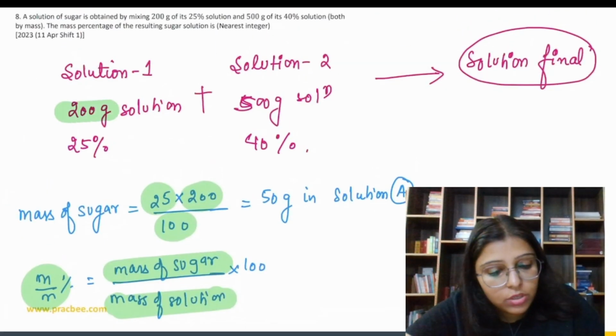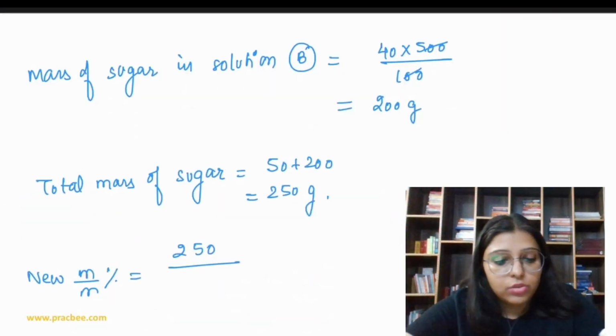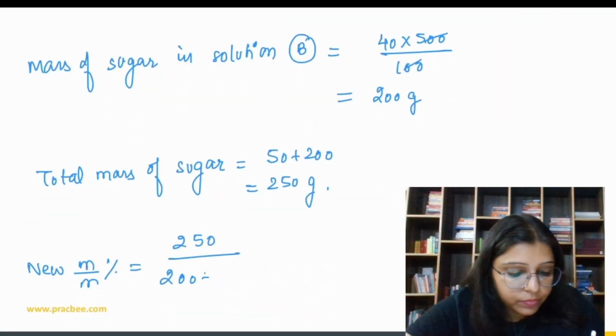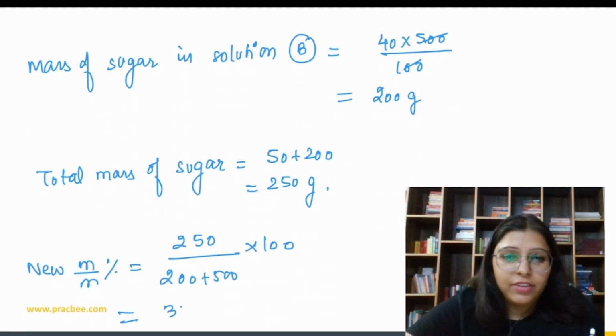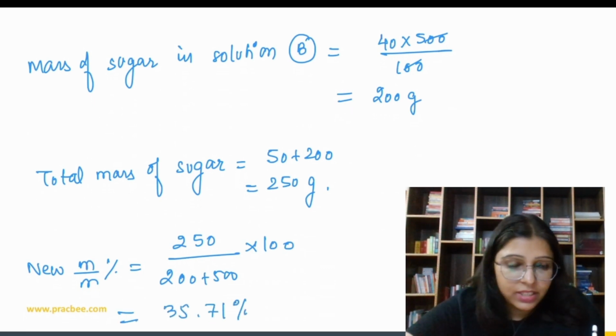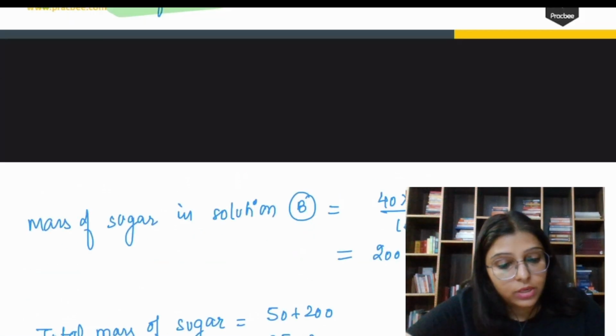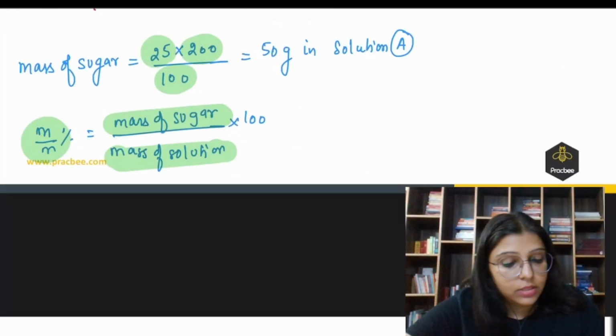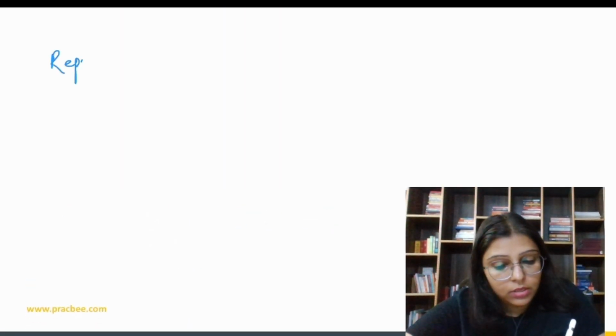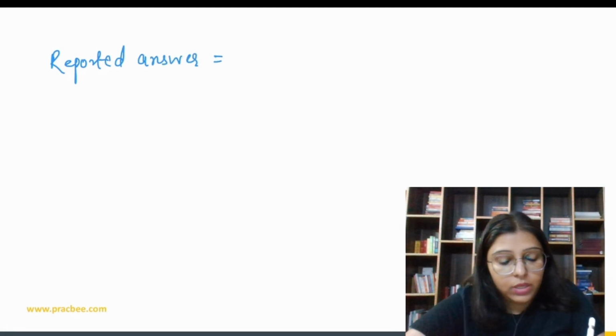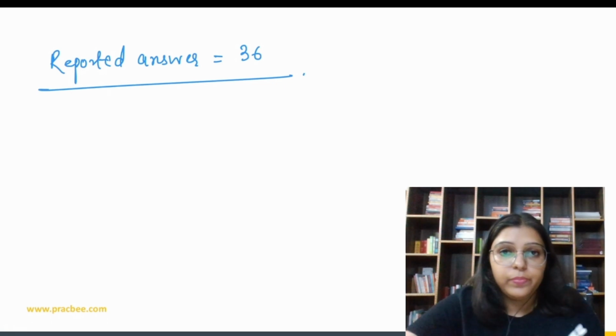Total mass of solution is 200 plus 500, into 100. On solving, we get around 35.71 percentage, which is equal to 36%. So the reported answer is going to be 36.